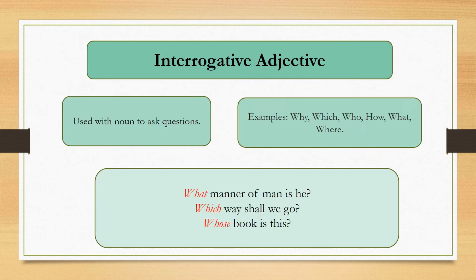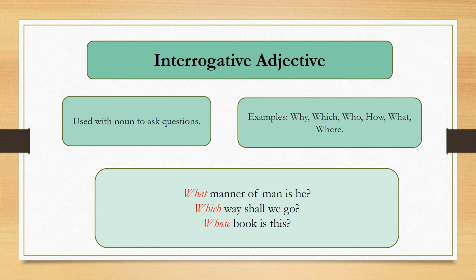After this, come to the next one, that is interrogative adjective. The word interrogative shows that it is used to ask something, used with a noun to ask questions. For example, W questions, normally you say why, which, who, how, what, where. These are all examples of interrogative adjectives.